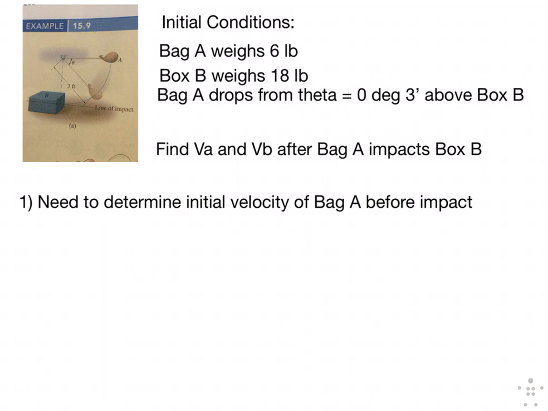But before we can start using our conservation of linear momentum, we need to figure out the initial velocity of bag A right before impact. We know that box B's is 0. Since we only have conservative forces, only a weight, the energy must be conserved because we don't have any non-conservative forces acting on our system.